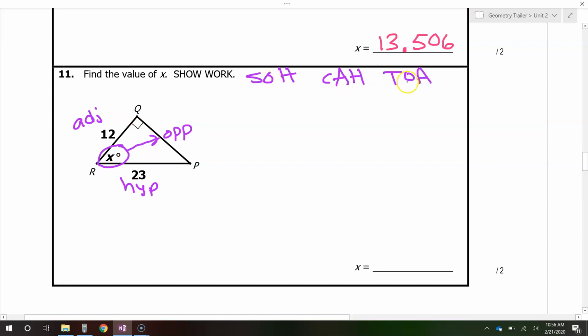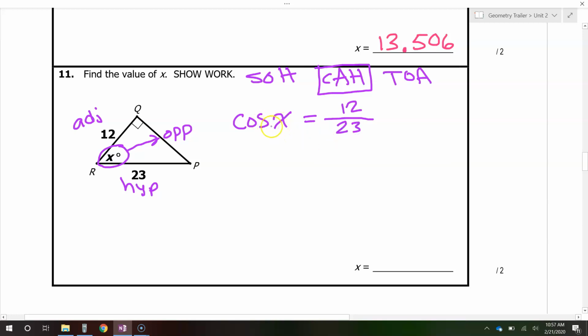Now write Sohcahtoa. Which one do we use? Look at the sides. We're given 12 and 23. That's adjacent and hypotenuse. That is cosine. Cosine is adjacent over hypotenuse. So we will write cosine of the angle we circled, which is x, is equal to adjacent over hypotenuse, which is 12 over 23.